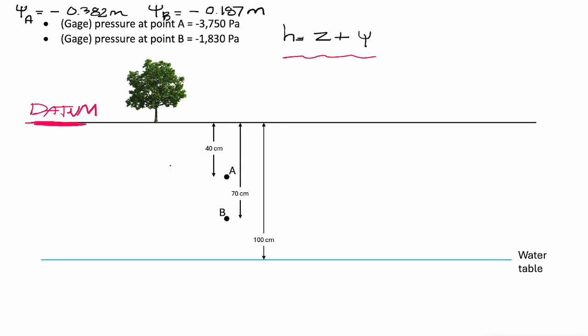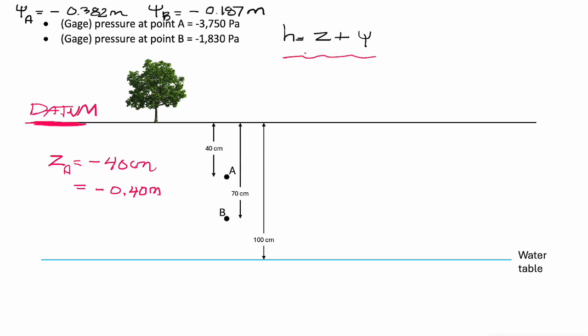I've actually got these things written right on here because my measurements are from the surface. So I can see that point A lies 40 centimeters below the datum if the datum is the surface, right? So I can just by inspection write that Z, the elevation head of A, will equal negative 40 centimeters. It's below datum, so it's negative, and that's the same thing as negative 0.40 meters.